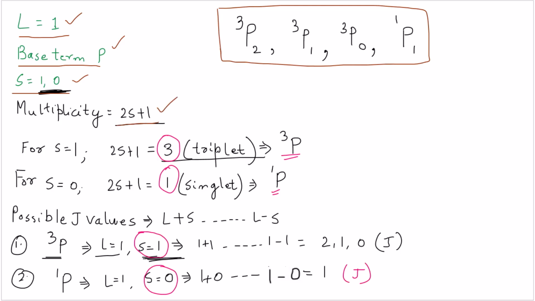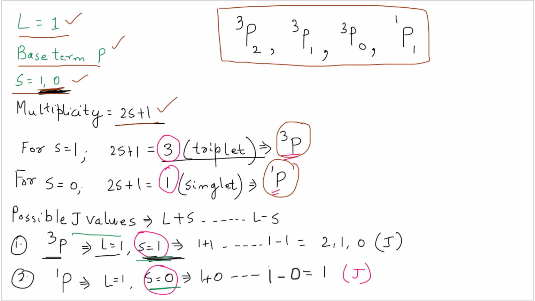So we have different spin multiplicity for these two different spin quantum number values. So we have triplet and singlet, and from here we assign the term symbol with the superscript of the multiplicity. Okay. And lastly, we calculate the J values from L plus S to L minus S for each of the spin quantum number values. Because for L, we have only one value, 1.